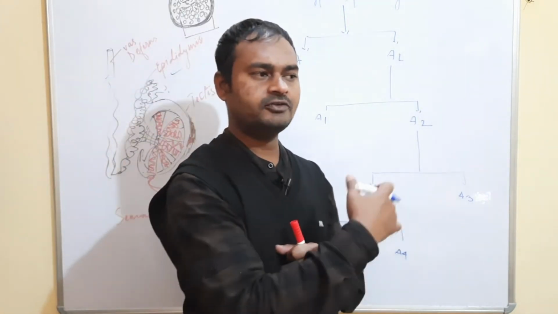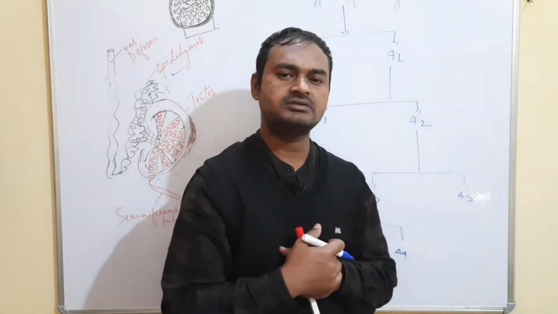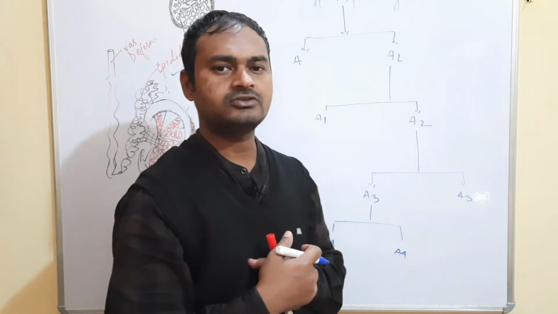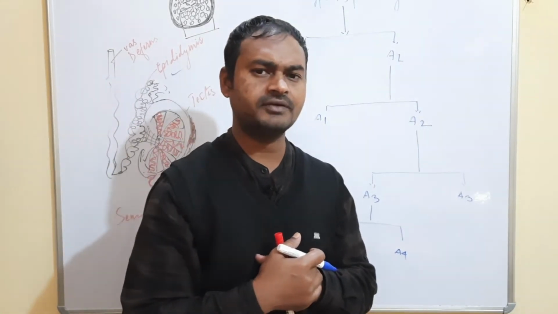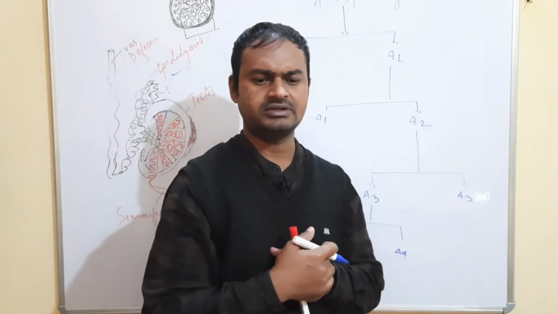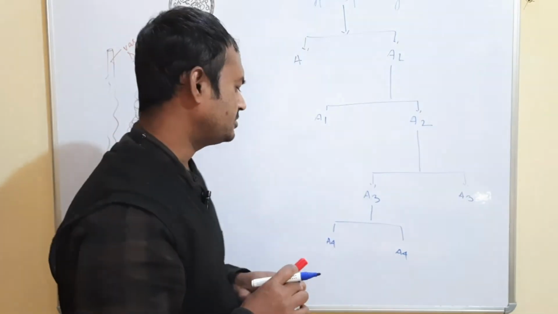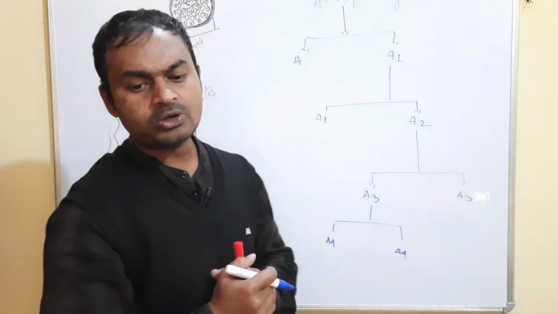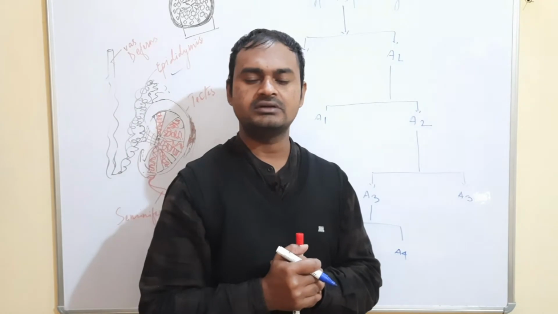Whatever we are studying here, this division is occurring. What type of division is it? That is the mitotic division. So this is the mitotic division we are going through. What will happen after?